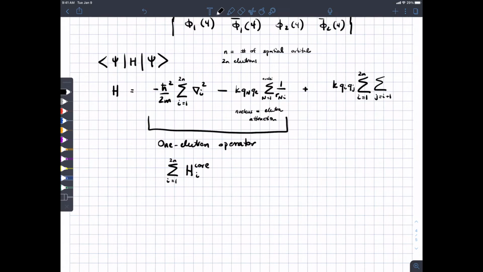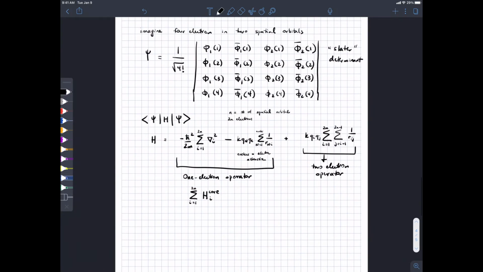Don't worry about this notation. This is just a way of saying we don't count the same electron pair twice. But this integral, or this operator, is a 2 electron operator. It requires you to know the position of 2 electrons. That'll be important in just a little bit.